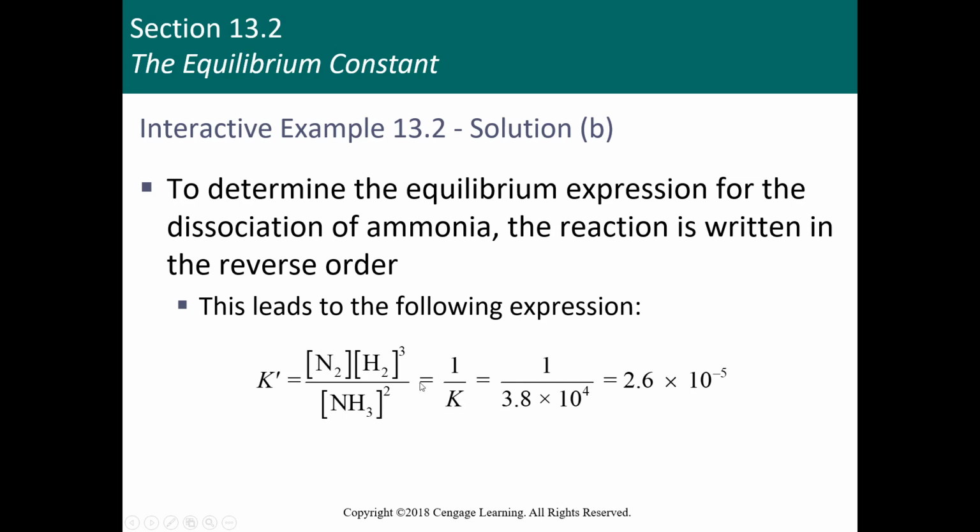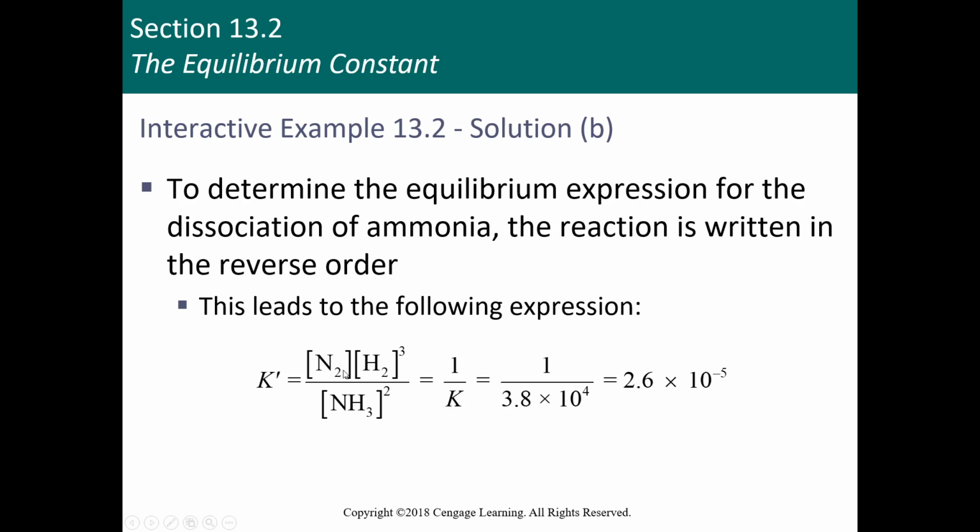So again, in this case, the ammonia is going to be on bottom because that is a reactant, since it's products over reactants. This right here is your elemental components. For dissociation, you're breaking into the elemental components, and these are going to be on top. Again, they have the same coefficients, so you're going to have these same powers.